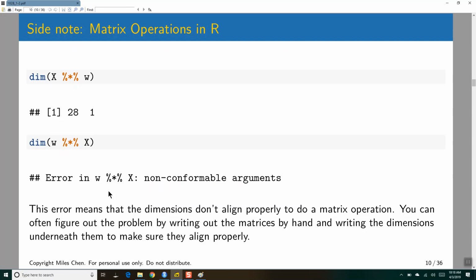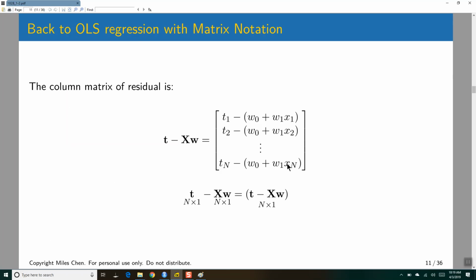R is helpful, and it will tell you that when it tried to do this, it ran into a problem. So to solve that, if you run into non-conformable arguments, go on a piece of paper, write down the matrices that you're multiplying together, and make sure that the dimensions align. And then rearrange your terms likewise. So anyway, that's doing the stuff in R.